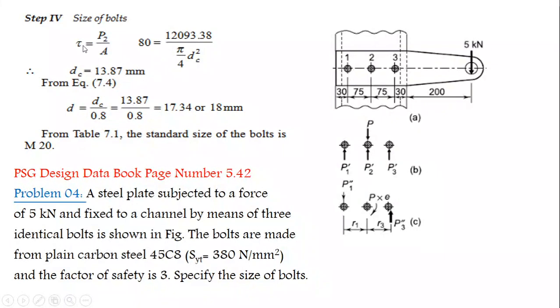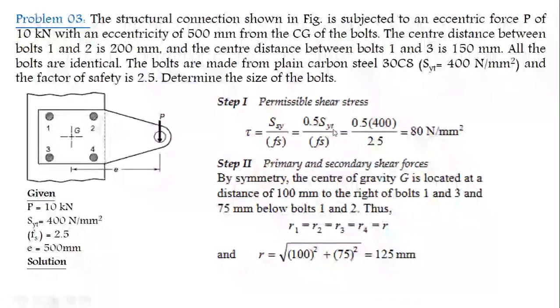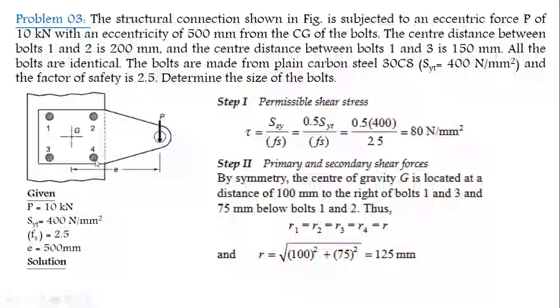Here is the permissible shear stress, and the shear force acting on bolt 2 is 12,093.38 divided by pi by 4 dc squared. This is the core diameter of the bolt, because the load is acting on the core diameter of the bolt only.